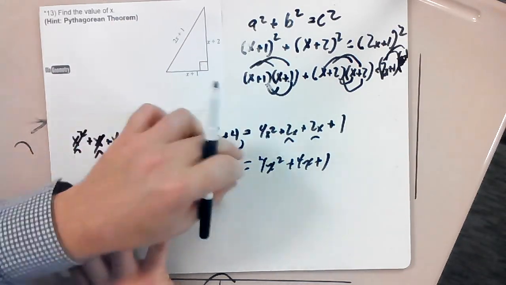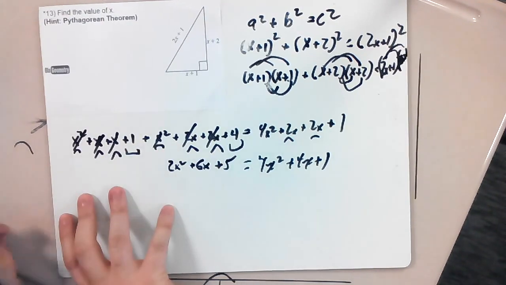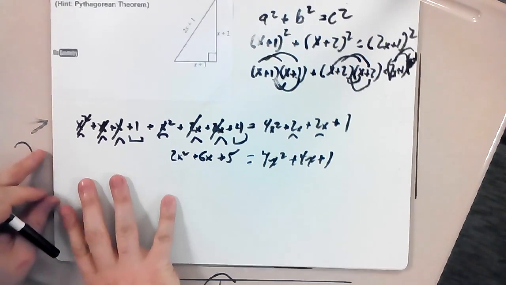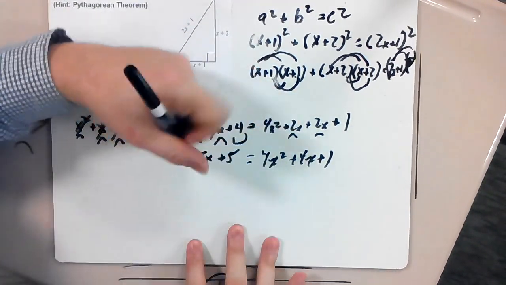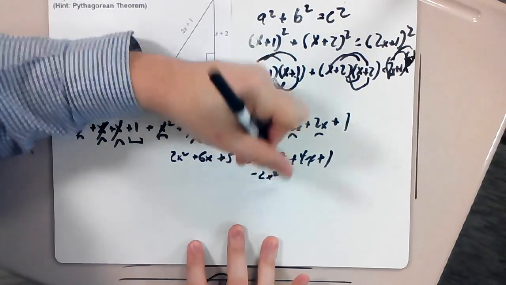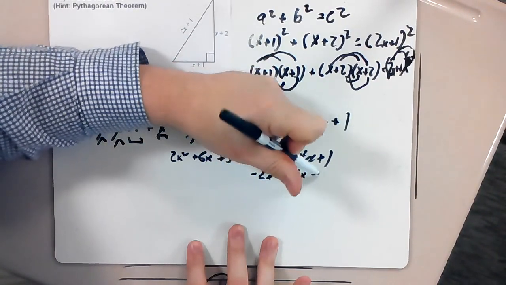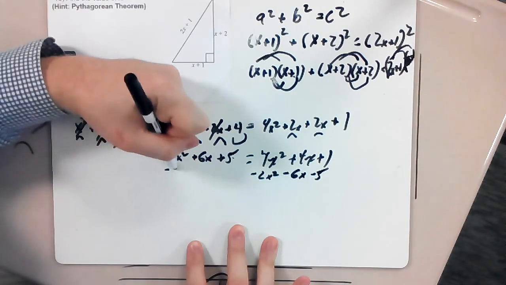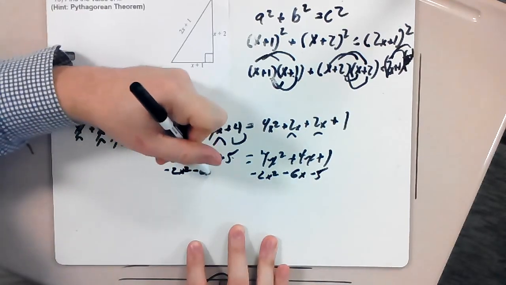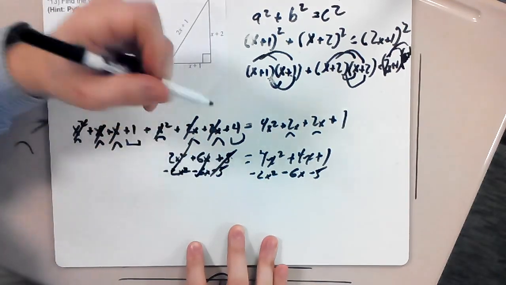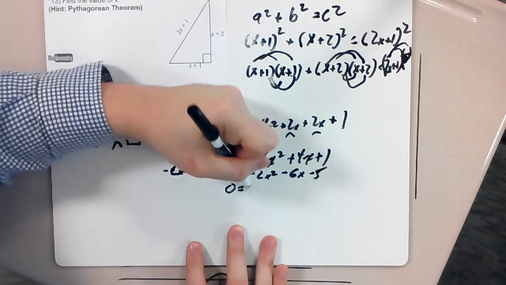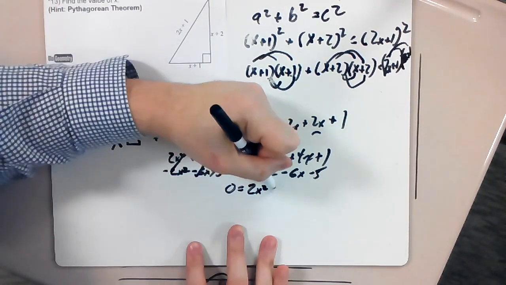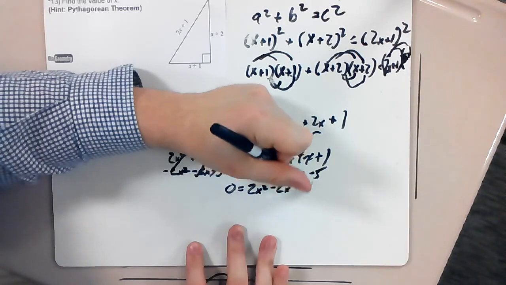I can't solve this without it being equal to 0, and I want to keep that 4x squared positive. So now I'm going to subtract 2x squared minus 6x minus 5. That's going to cross these out. So now I have equals 0, so that's 2x squared minus 2x minus 4.